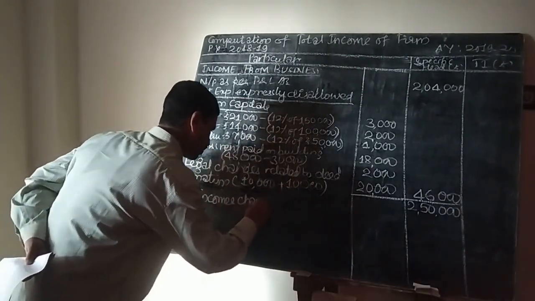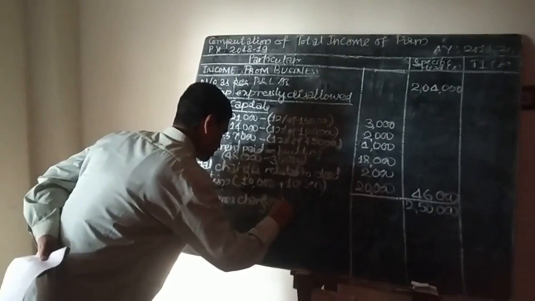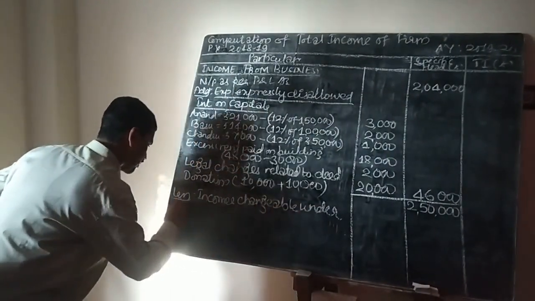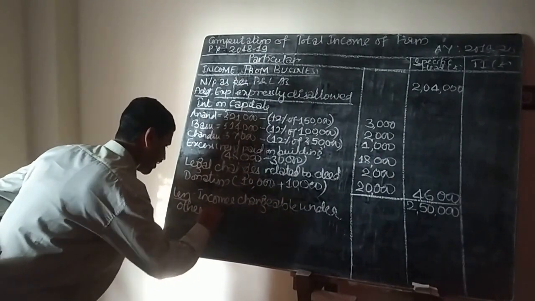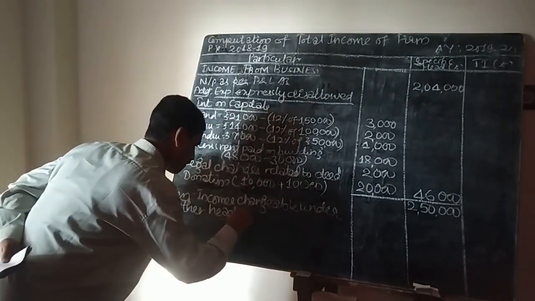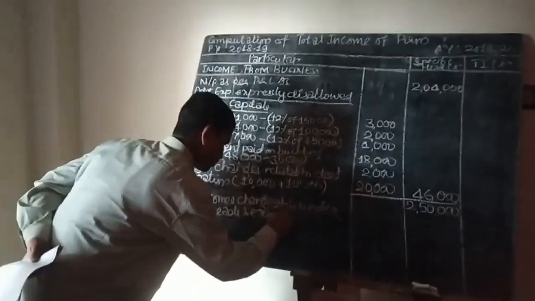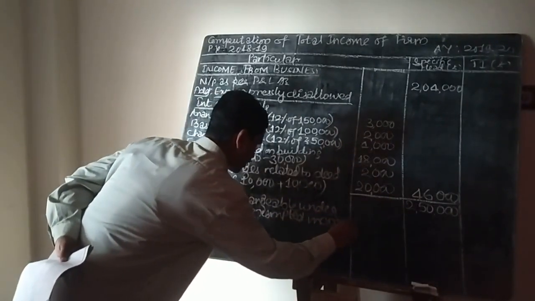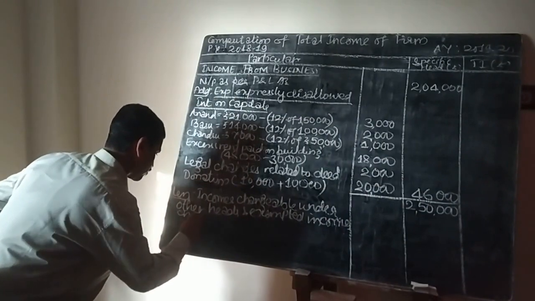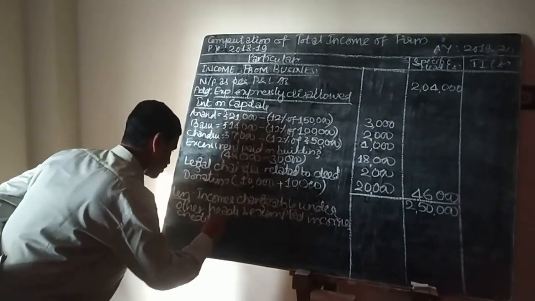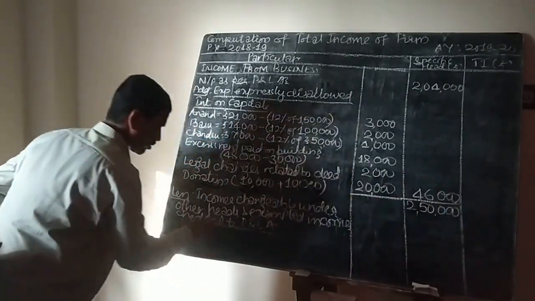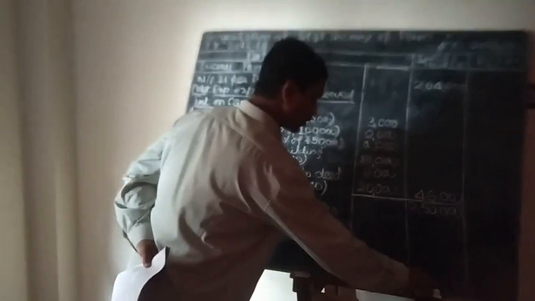Less: incomes chargeable under other heads and exempted incomes credited to the P&L account. Under this we have two items here.